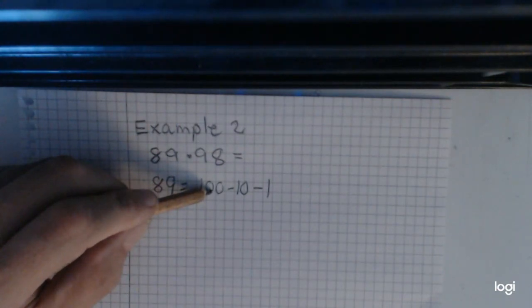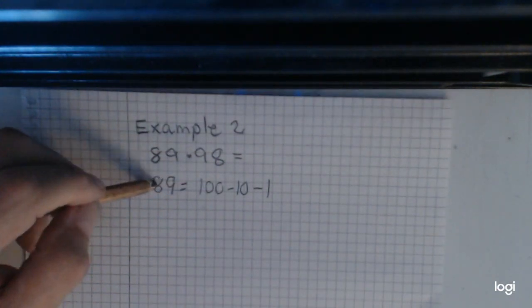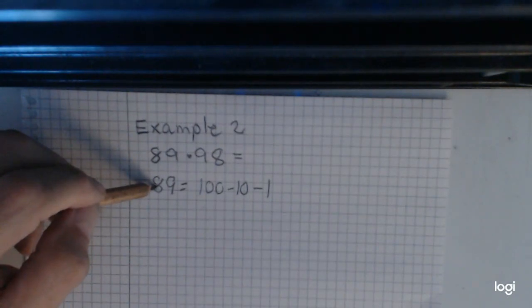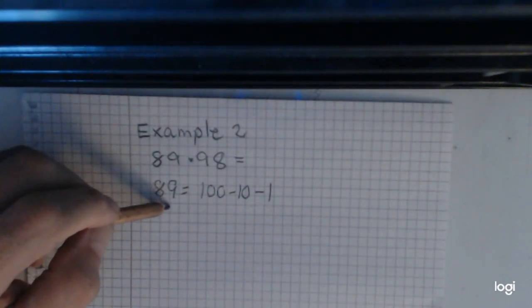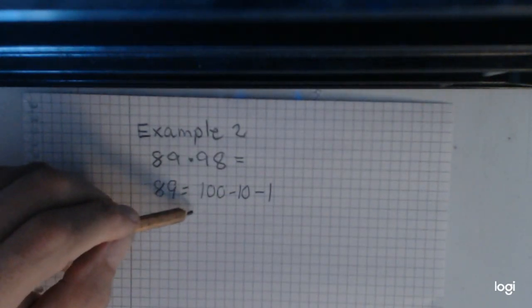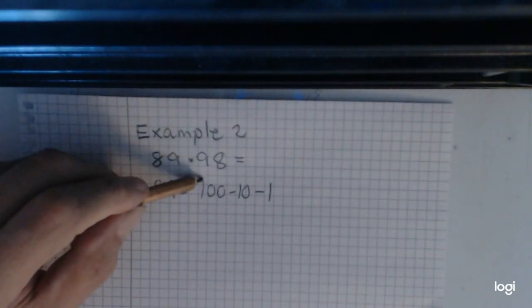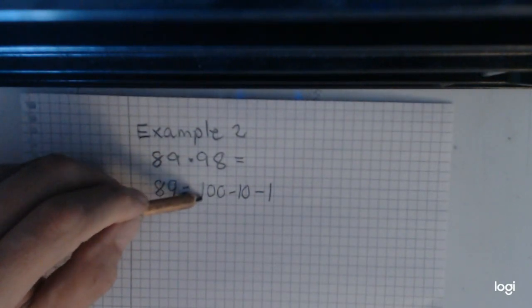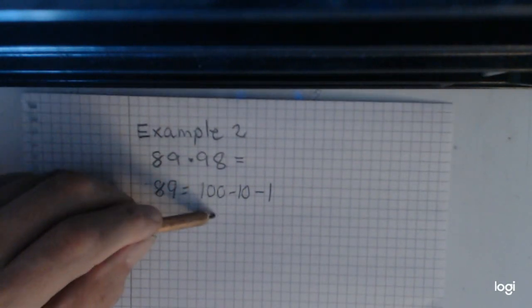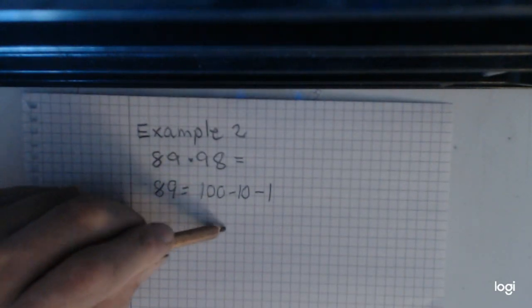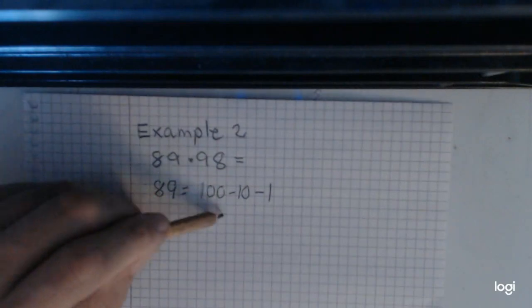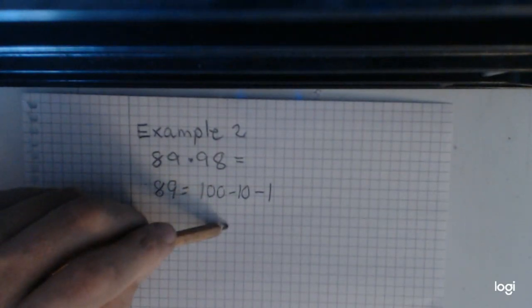There's no question of 80s or 9s, which tables you are going to use. This tells you that you have 1 times another one, and 10 times another one, or 100 times another one. So it's very easy.